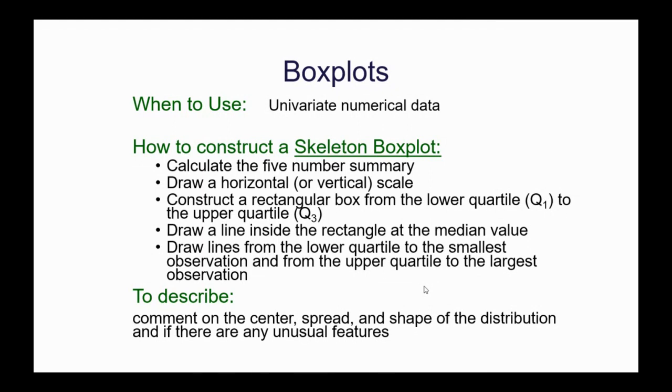We talk about the center, the spread, the shape, and if there are any unusual features like outliers. We're actually going to learn today how to classify outliers as being mild or extreme, but you don't do that on a skeleton box plot.